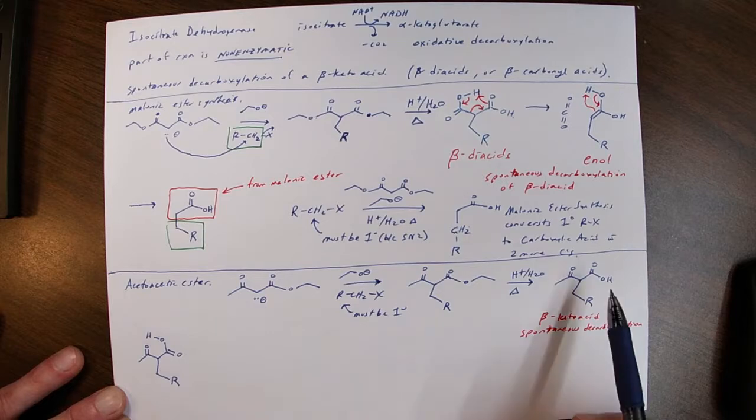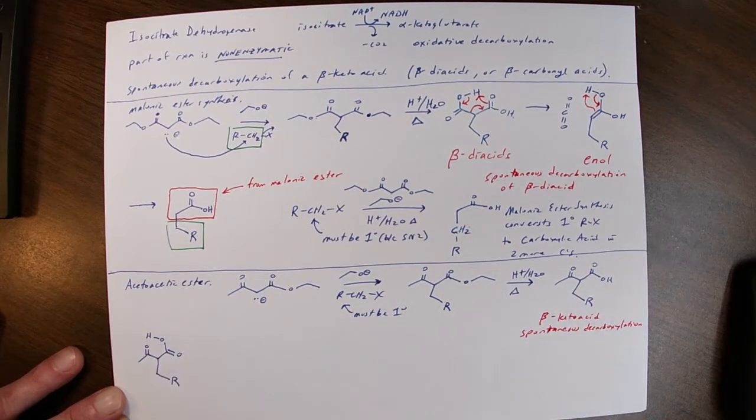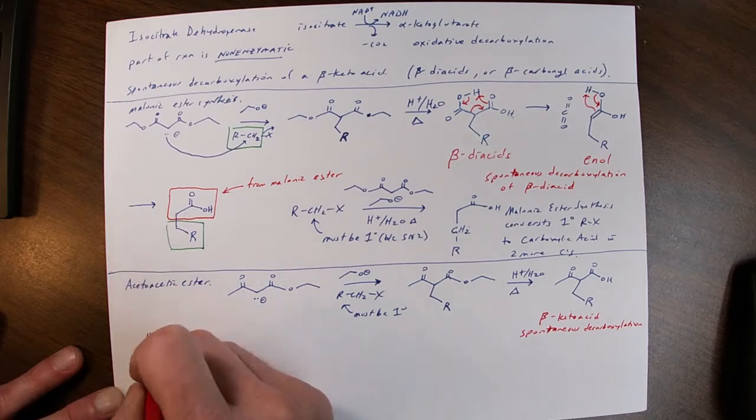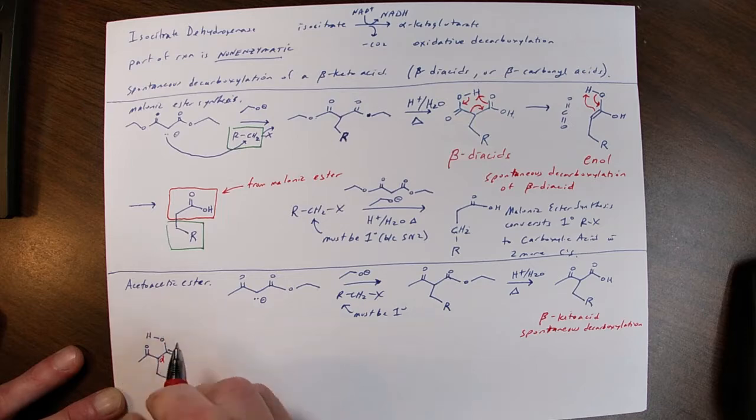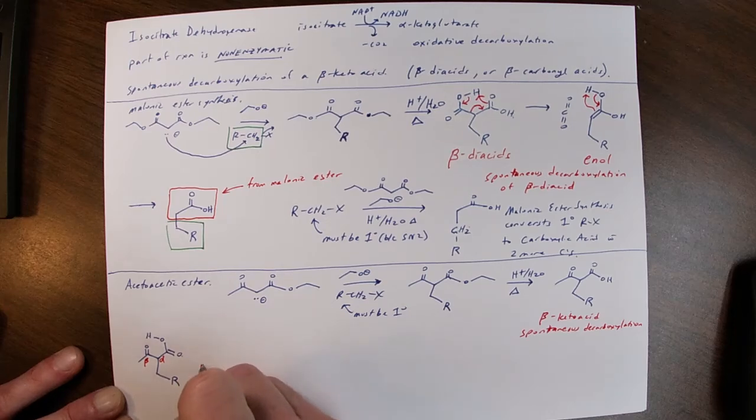Okay, I rotated this around, so I got the OH over here. And now this is my acid functional group. This is the alpha carbon, this is the beta carbon, so I got a beta keto acid. So alpha to this carbonyl, beta to that carbonyl. So I have a beta keto acid.